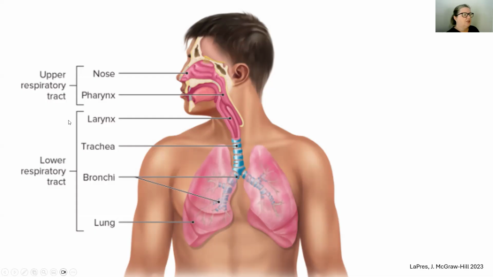The lower respiratory tract then starts at the trachea, goes down into the bronchi and the bronchial tree here, and then also the lungs. So you'll often hear, especially when they talk about infection, infection being of the upper respiratory tract or the lower respiratory tract. It's just basically referring to what part of the respiratory system is being affected.